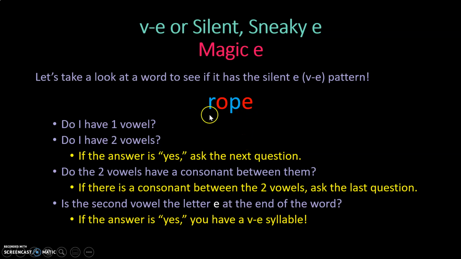Watch it again. Oh. Rope. What's the word? Rope. So rope is a silent E because it has vowel, consonant, silent E. Say that again. Vowel, consonant, silent E, which means it's a long vowel sound.